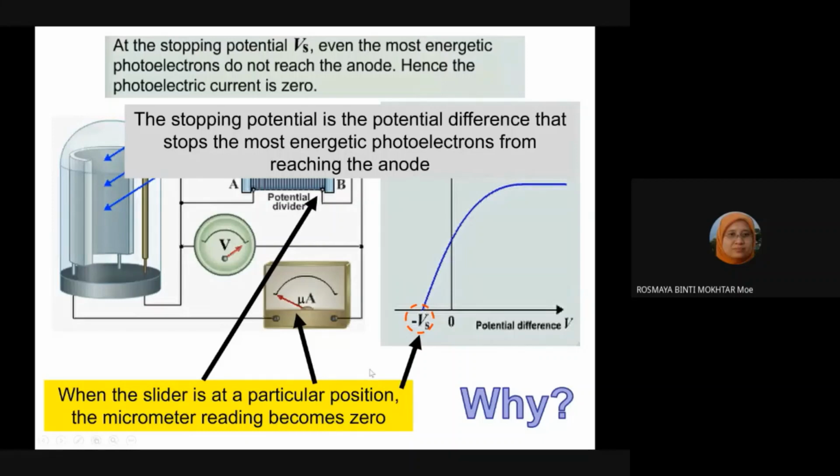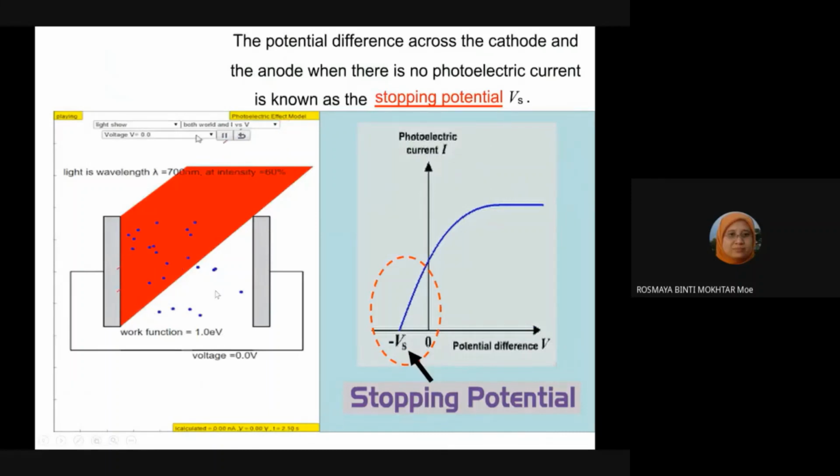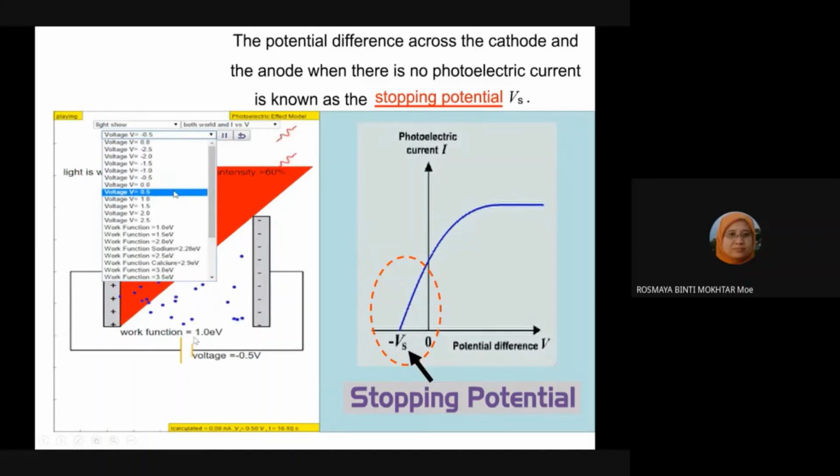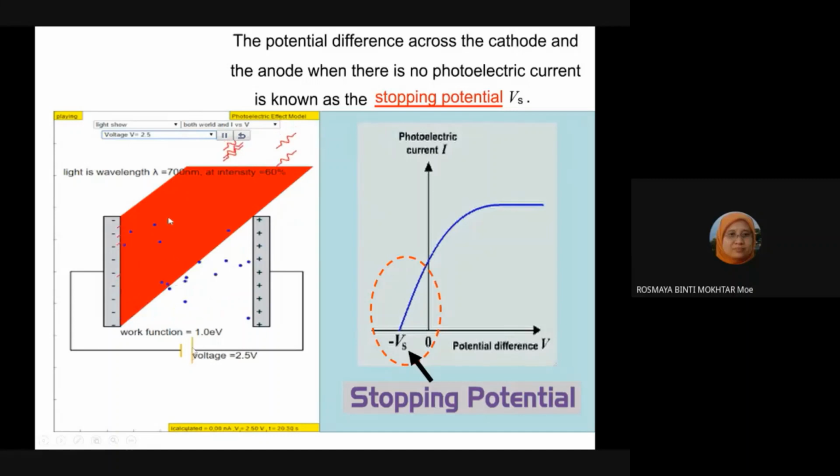Okay, any problem with this part? No? So we go to the next part. This animation shows how the electron no longer can move when we make the anode more and more negative. Remember, we make this negative when we change the cell here, from positive to negative.